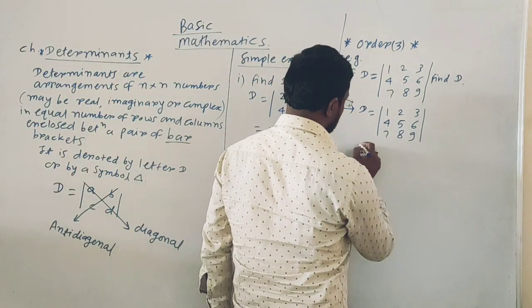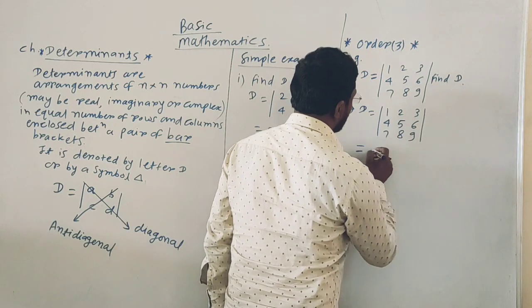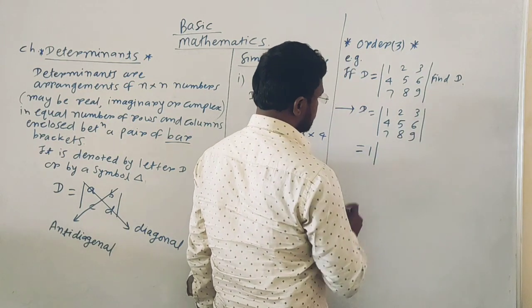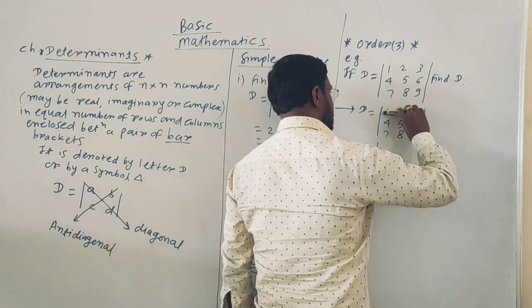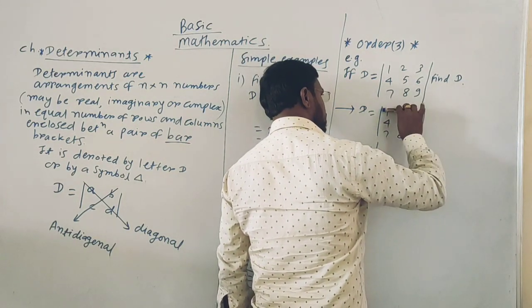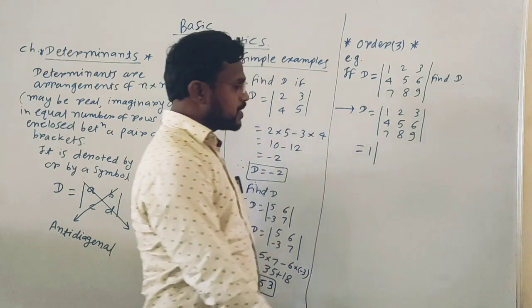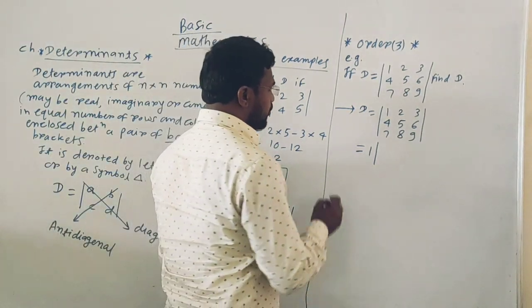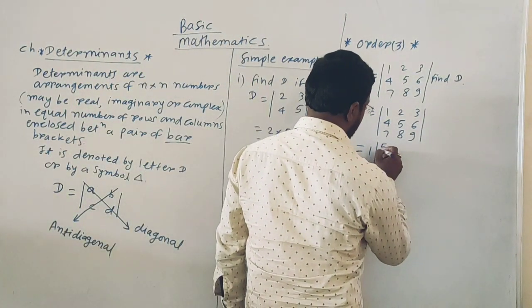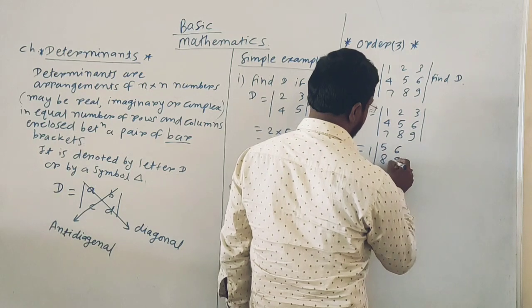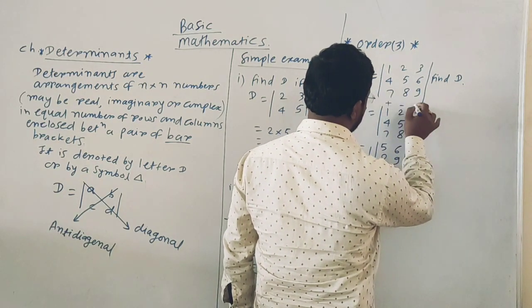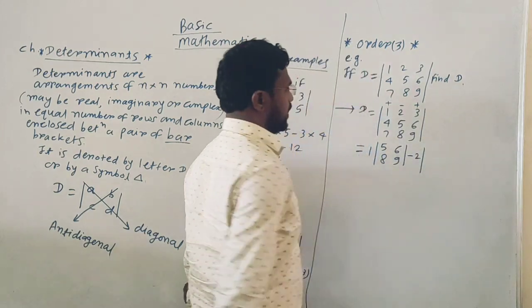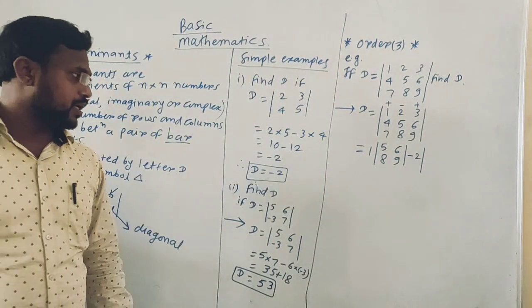Listen here. 1: first row, first column. You have to eliminate this first row, first column. The remaining is 5 6, 8 9. Minus 2. Sign convention: here is plus, here is minus, here is plus. Always remember, plus minus plus.